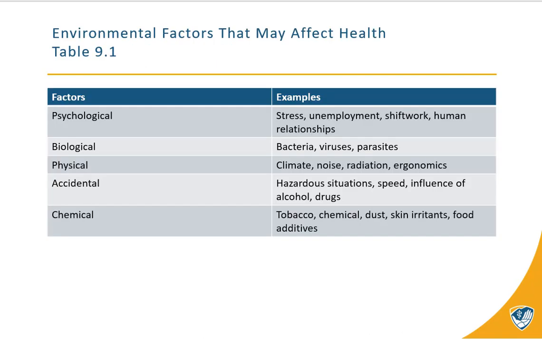So there are many environmental factors that may affect health. These potential factors include psychological, biological, physical, accidental, and chemical. And examples of each of those are presented on the right.